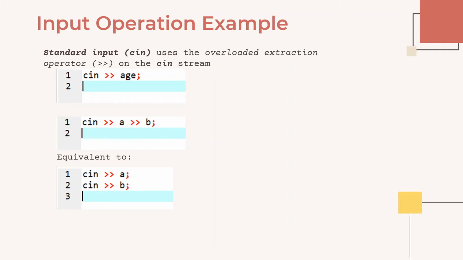This command is equivalent to cin extraction A semicolon, and then cin extraction B semicolon. In this case, the input data must be two, one for variable A and another for B. We can separate the input of the two variables using space, tab, or newline.